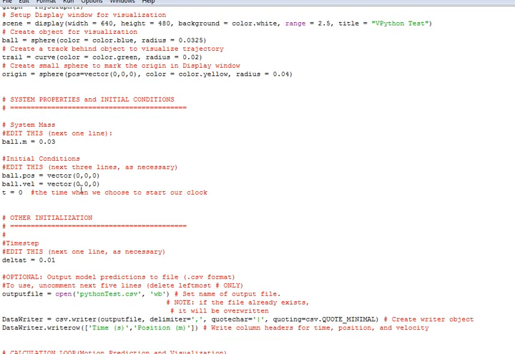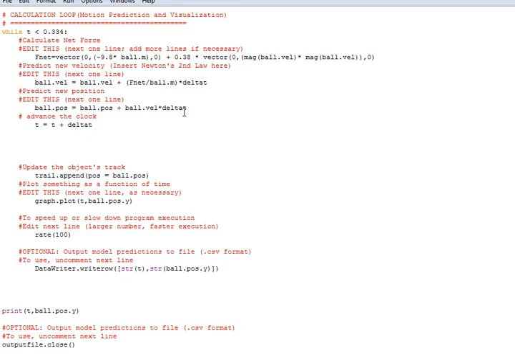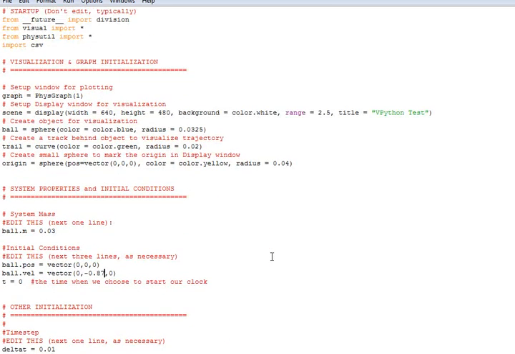So here's our model. We'll plug negative 0.87, which was the terminal velocity of the model with the drag force, in as the initial velocity, and we'll see if the terminal velocity stays the same. So now let's run our program.